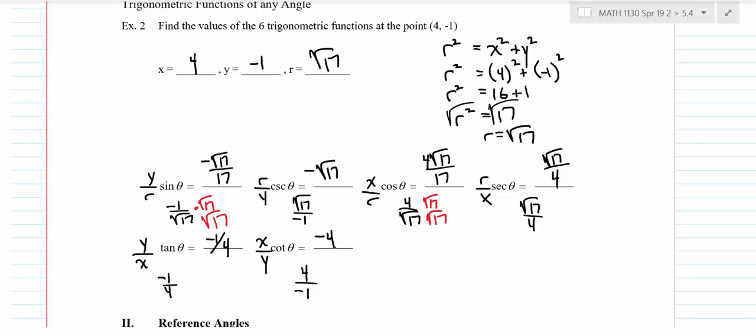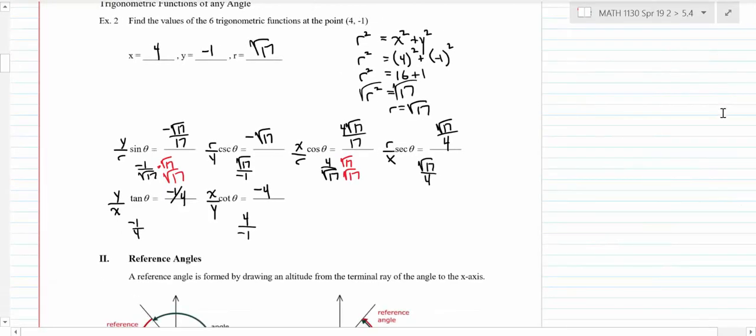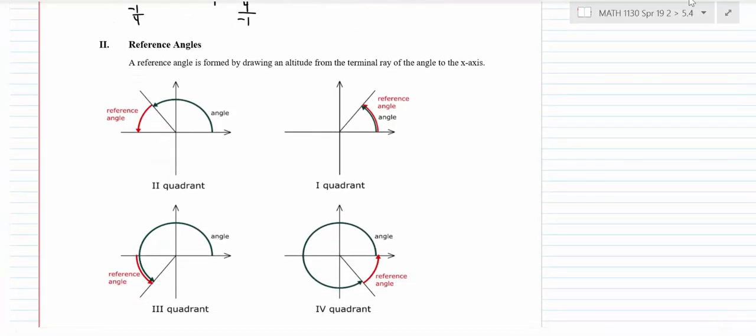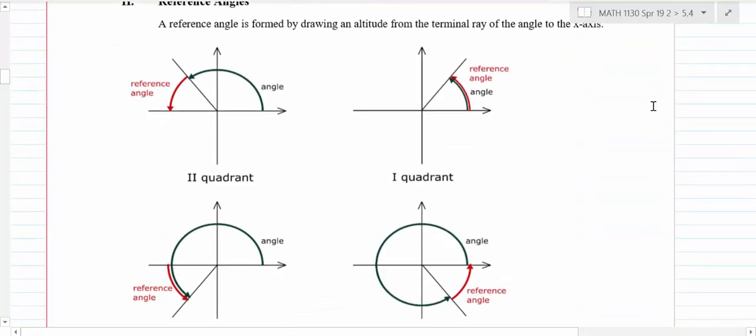Okay, I'm going to go ahead, and the next thing we're going to talk about is reference angles, what they mean, and how to compute a reference angle. There's reasons that you want to learn reference angles, because ultimately it helps you find the values of the trig functions at different places.